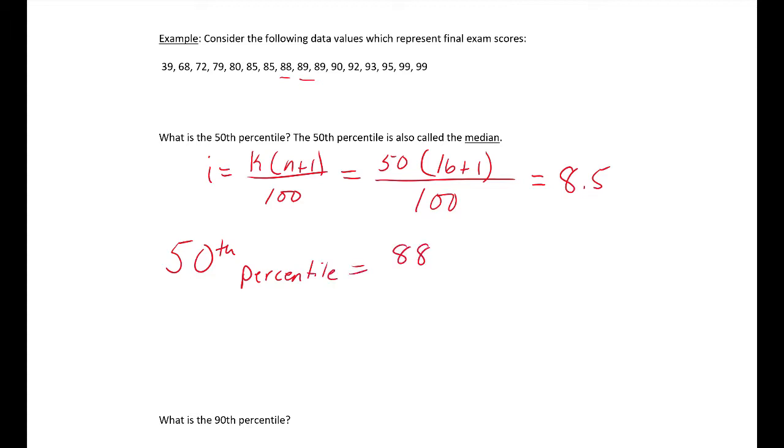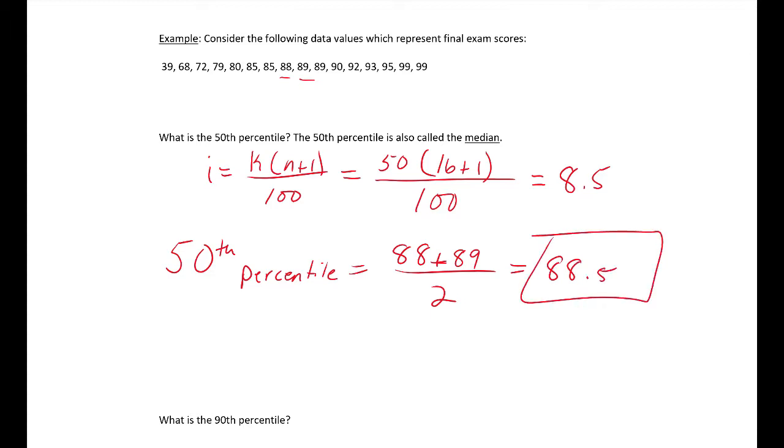You take 88, add to it 89, divide that by 2, and you get 88.5 if you work out the math. So the 50th percentile of our data set is 88.5. The median of the data set, which is the same thing as the 50th percentile, is 88.5.